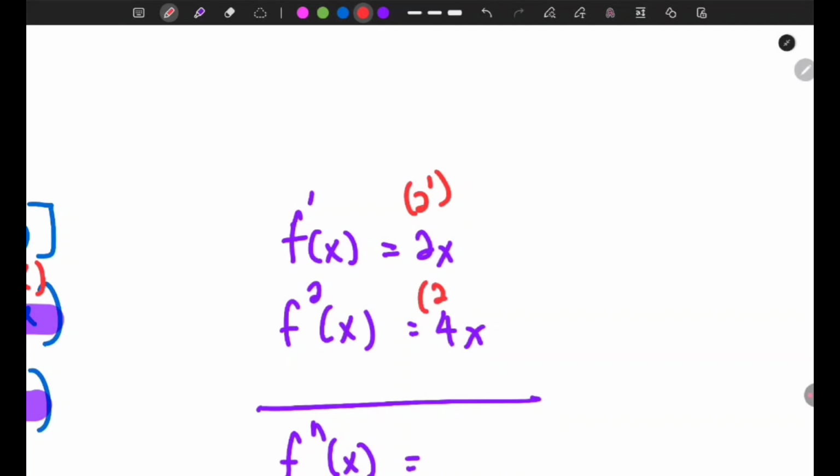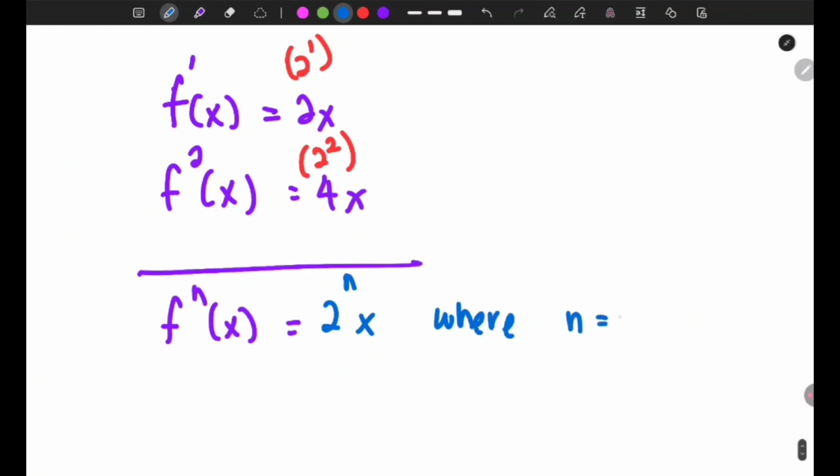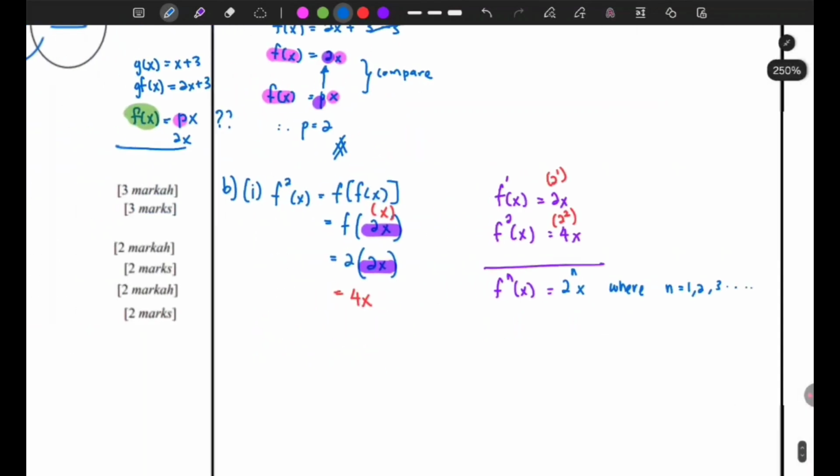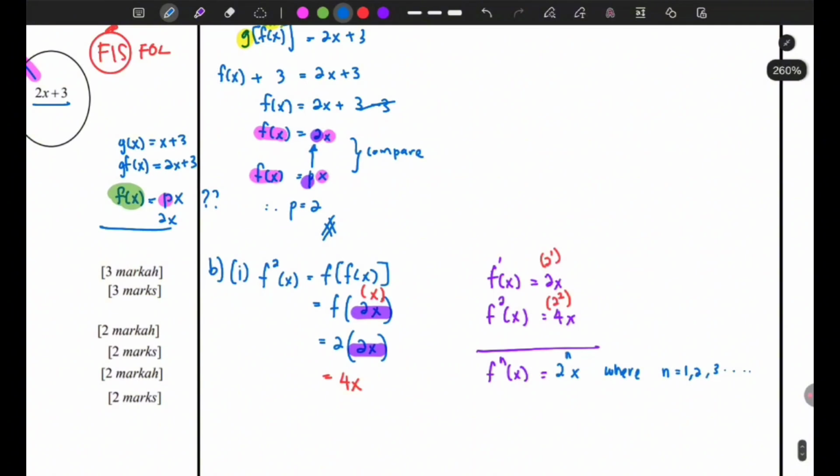You can see the pattern, right? It's so clear. This one is not too difficult like just now. So this one should be like 2 to the power of n times x. And then don't forget this thing, it's very important, where n is 1, 2, 3, and so on. This one is very straightforward.